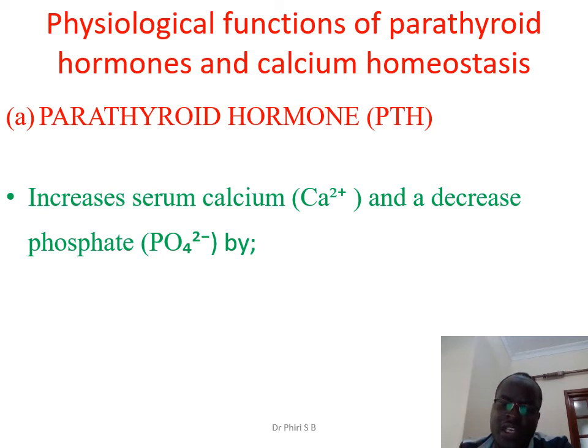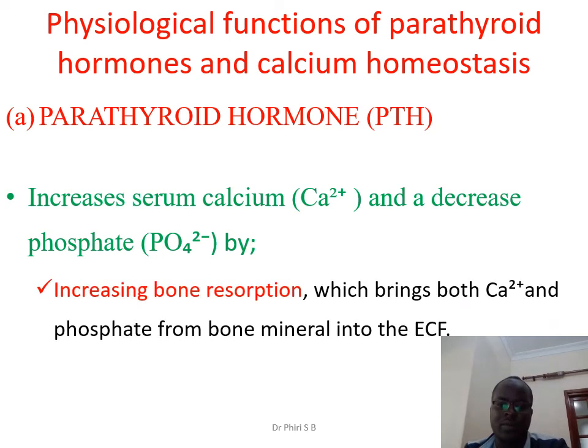So the overall result is the plasma level of phosphates is decreasing, because much of the phosphates will be lost to the urine in as much as you are conserving the calcium, because calcium is being reabsorbed. There is much more calcium reabsorption as compared to phosphates. So the phosphate levels in plasma will decrease for that reason. So the overall result: you have an increase in serum calcium and a decrease in phosphates.